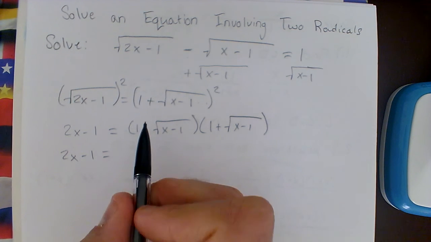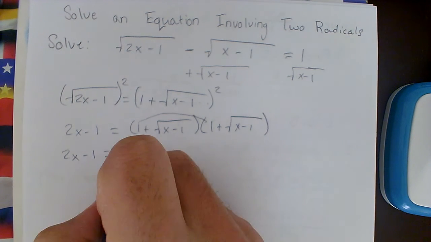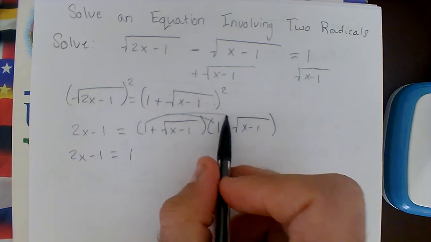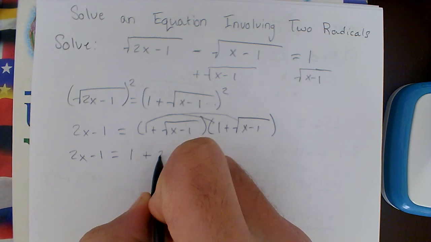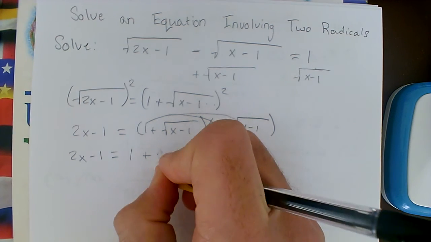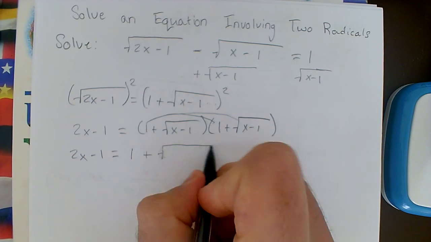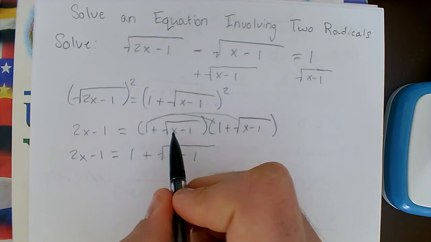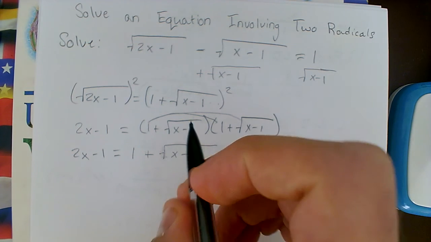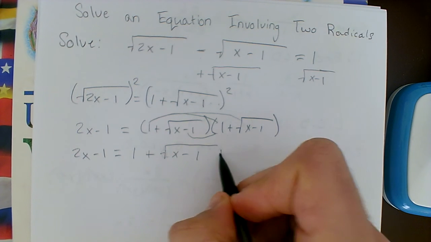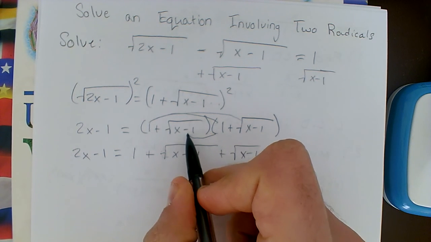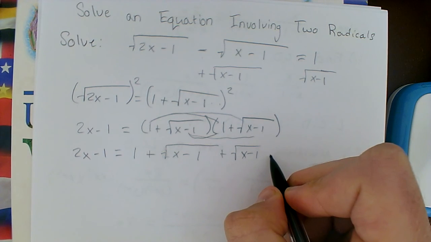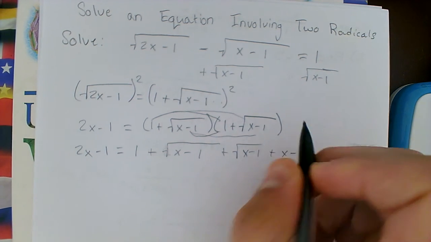you get 1 times 1 is 1, and then plus the square root of x minus 1, 1 times the square root of x minus 1, and again another plus the square root of x minus 1, and then finally plus x minus 1.